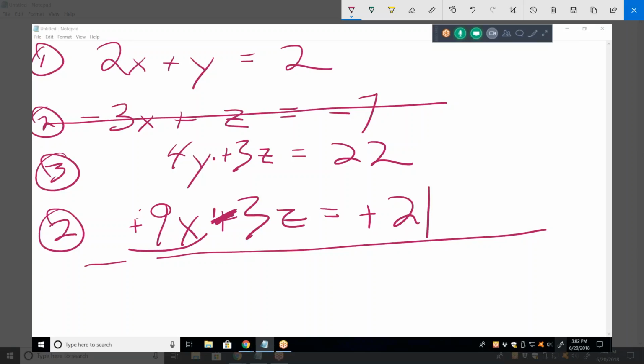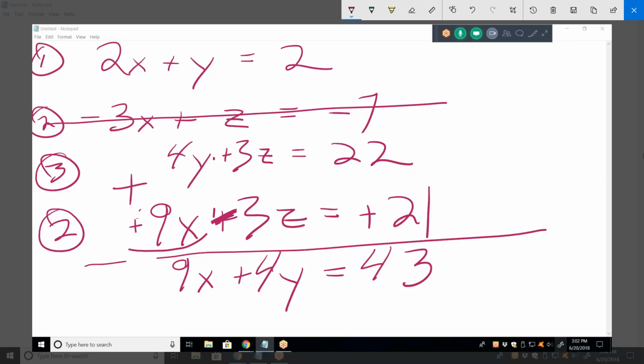Now, add them together. What do you have? So that'll give me 9x and 0z. Well, 9x plus 4y equals 43.